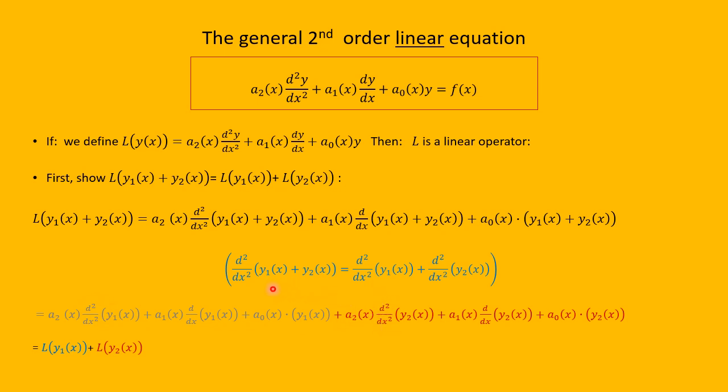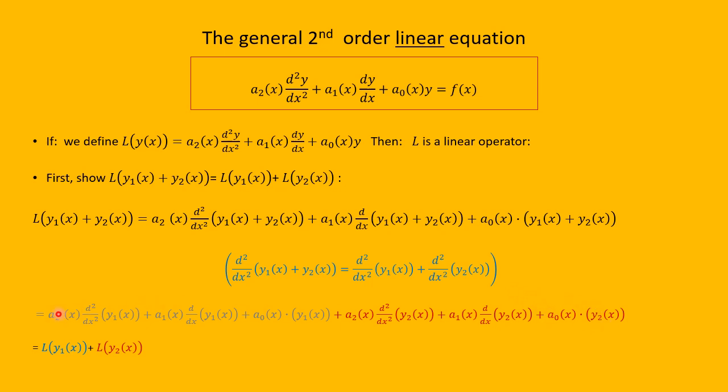Then we have a sub 1 times the derivative of this sum. And here, using that property of derivatives, we have a sub 1 times the derivative of y sub 1 plus a sub 1 times the derivative of y sub 2. And then going on to the next term, a naught of x times y1 plus y2, we can just use the distributive property for multiplication here. And so that's going to be a naught of x times y1 plus a naught of x times y2.